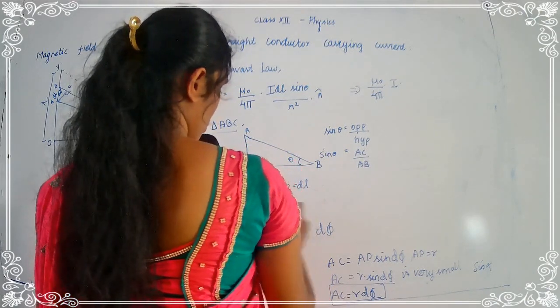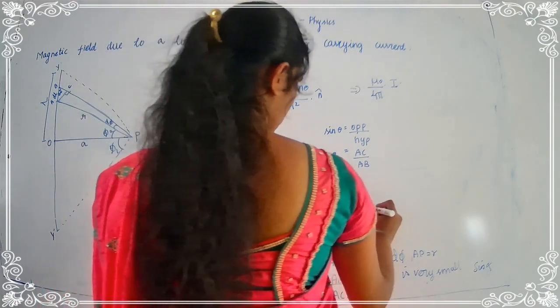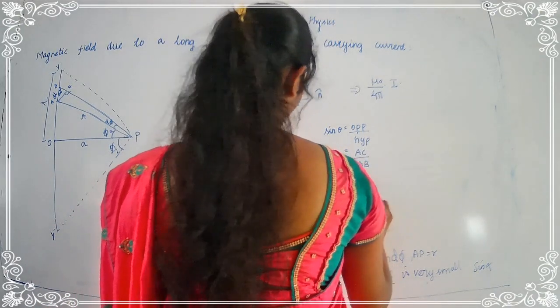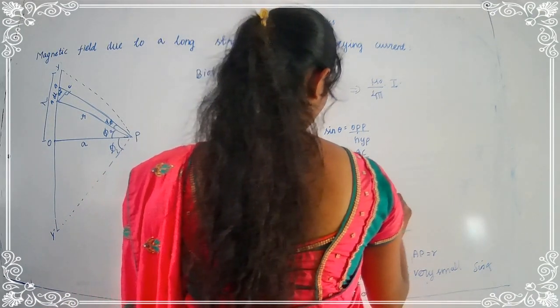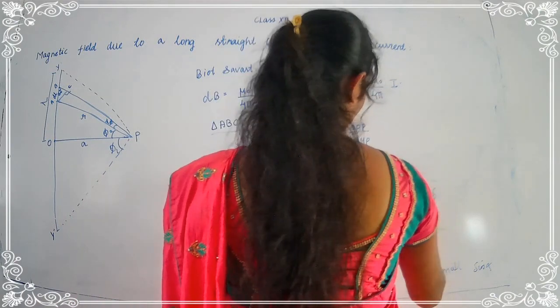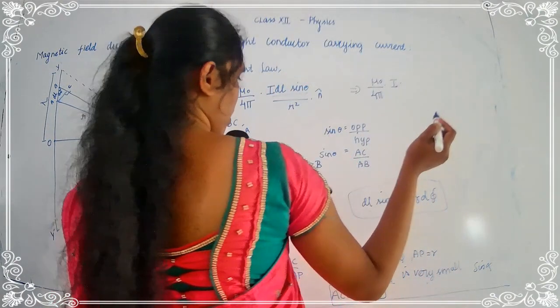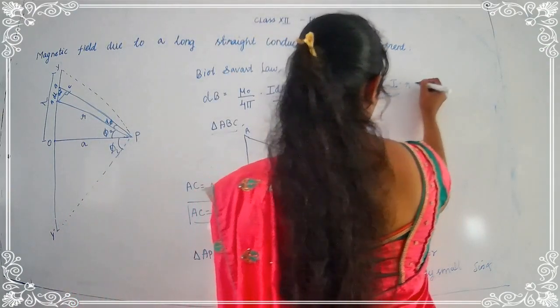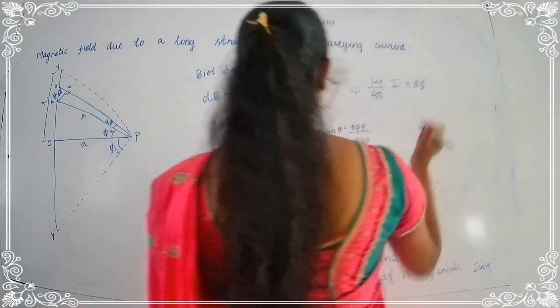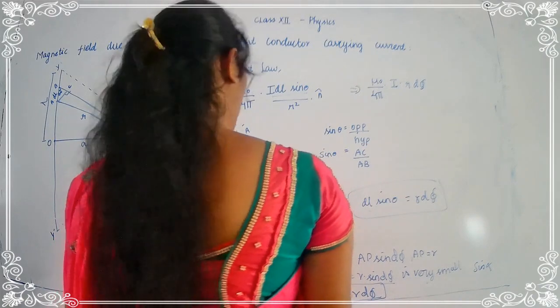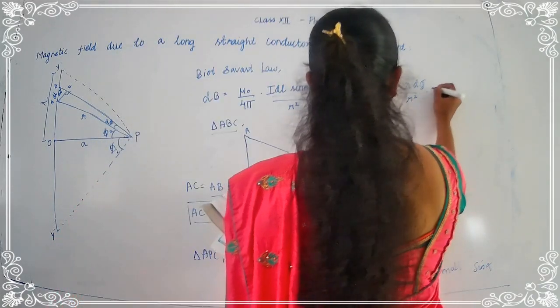See here, the AC value is the same in both. So what can we write? dL sin theta is equal to R dφ. So here, in place of dL sin theta, write R dφ, by R square into n cap. Okay, you understood?